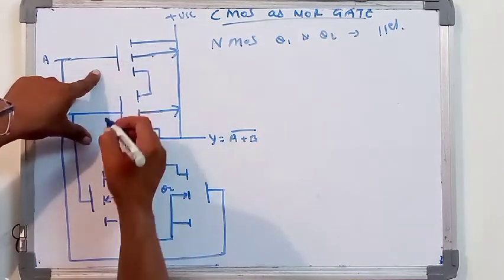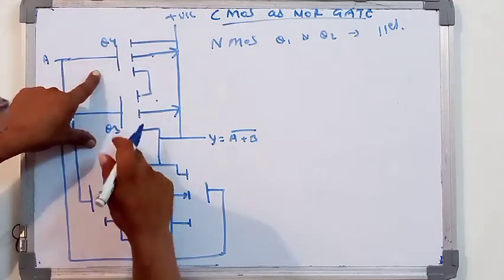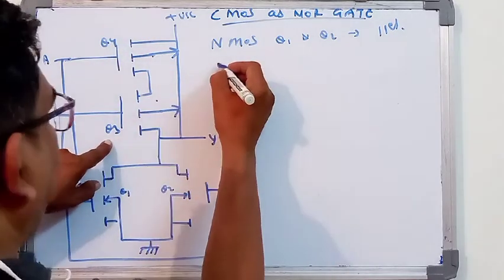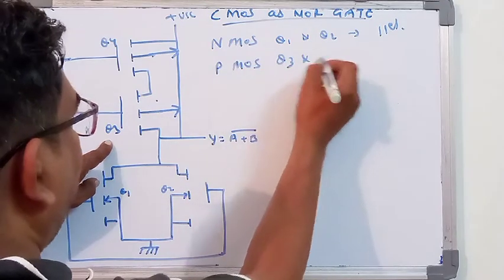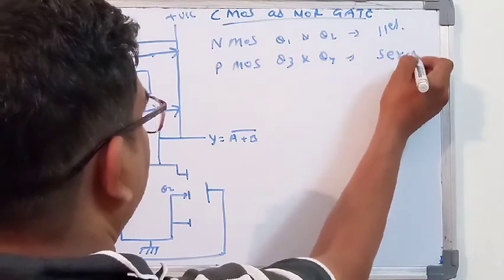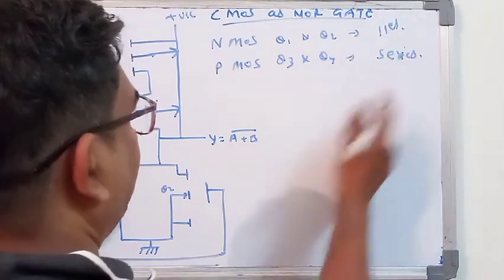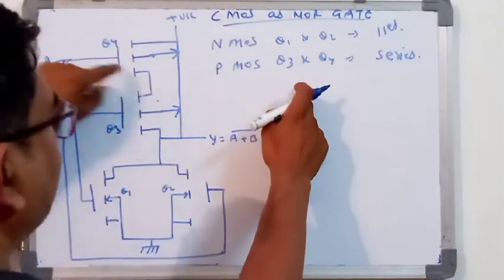Now Q3 and Q4 are PMOS. Q3 and Q4 are connected in series.